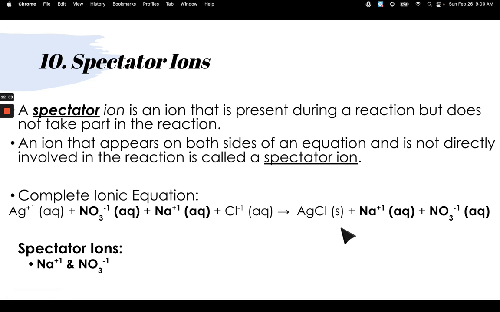They are aqueous and aqueous. Nothing changes. They are known as spectator ions. They are watching the silver and the chloride get together, but they themselves are not changing. So they are spectating. They are not directly involved. So we identify the spectator ions.